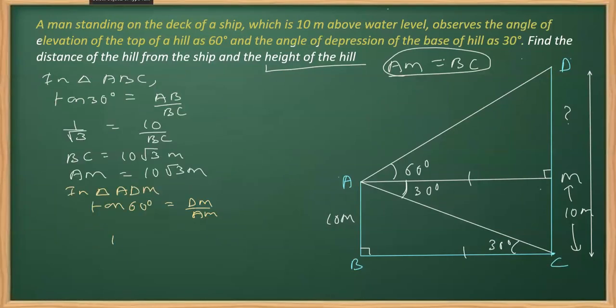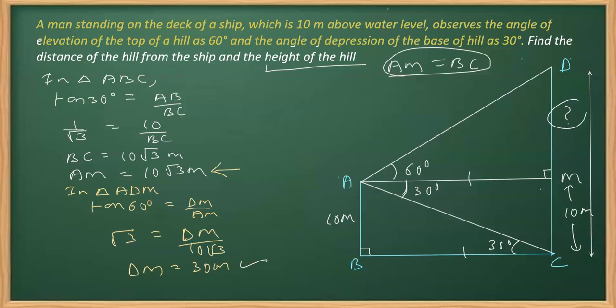Placing tan 60 as root 3, DM, which is what we are looking for, and AM, which is 10 root 3. So by cross multiplication, it will be 10 root 3 into root 3, which is 10 into 3, that is 30 meter. Now, once we get the length of DM, this being 30 meter, we have to get the length of DC.